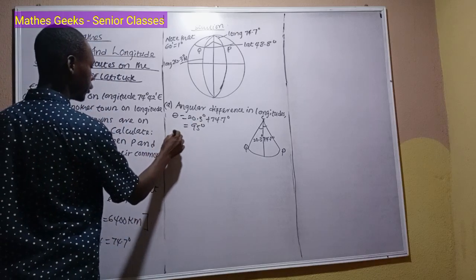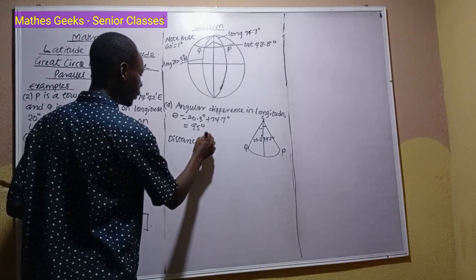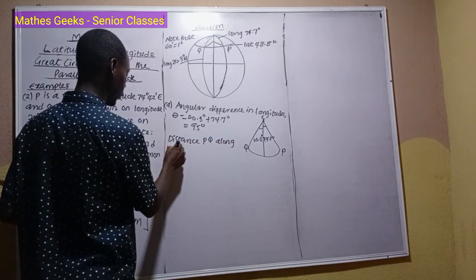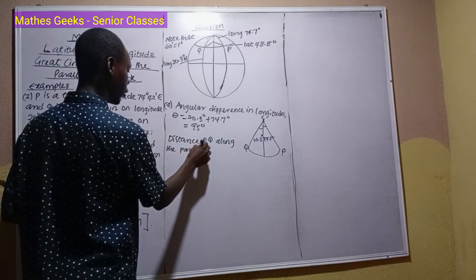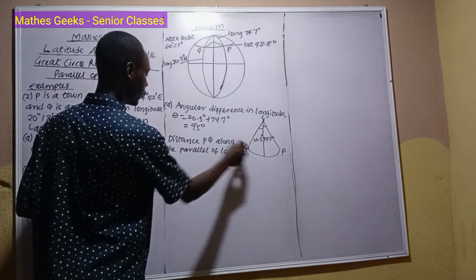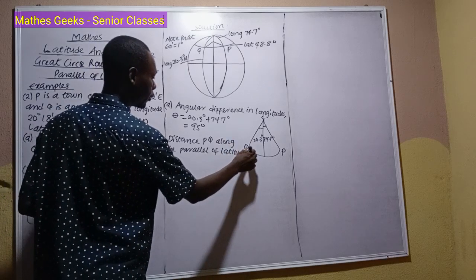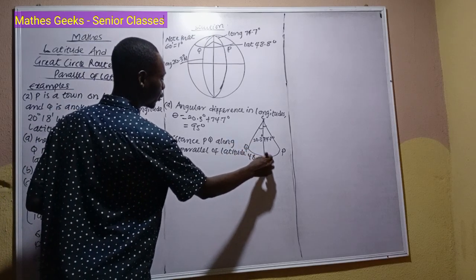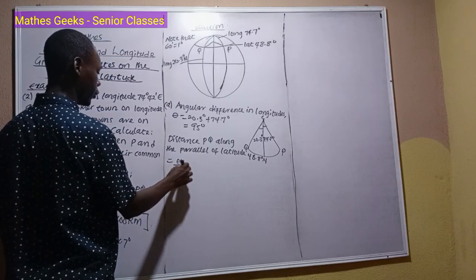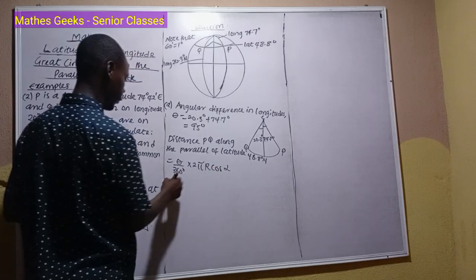The distance PQ along the parallel of latitude 48 degrees is equal to theta over 360 degrees times 2 pi r cos alpha.